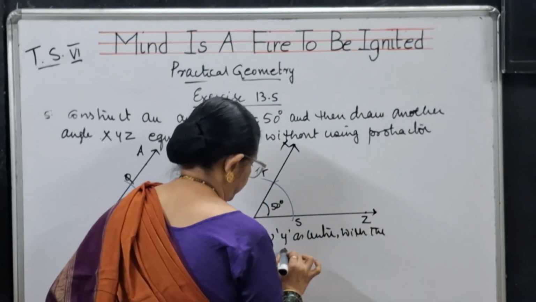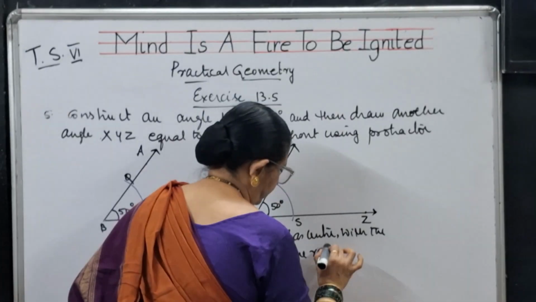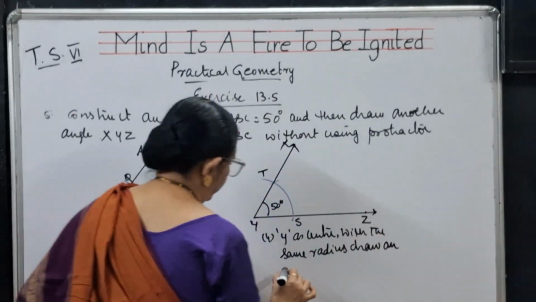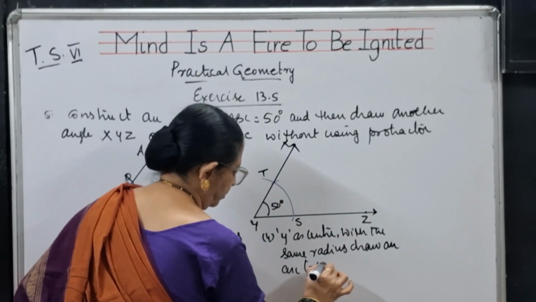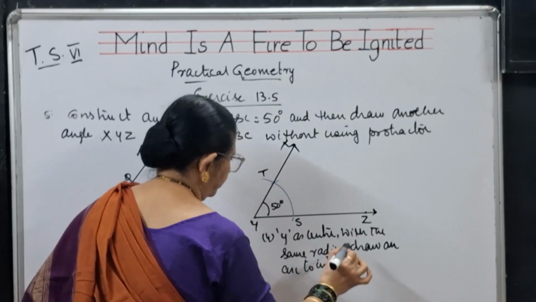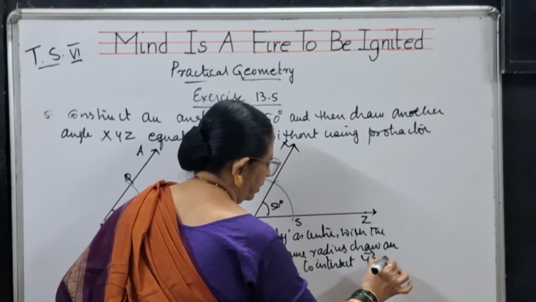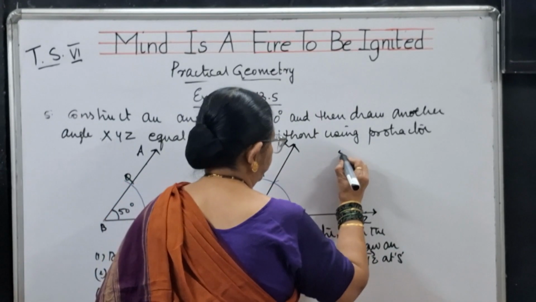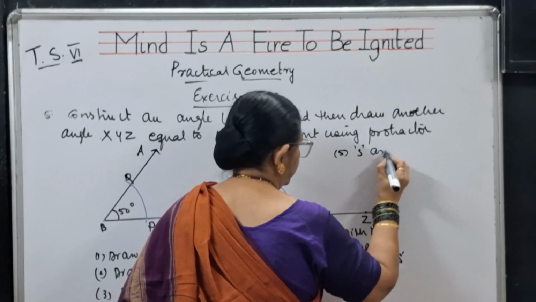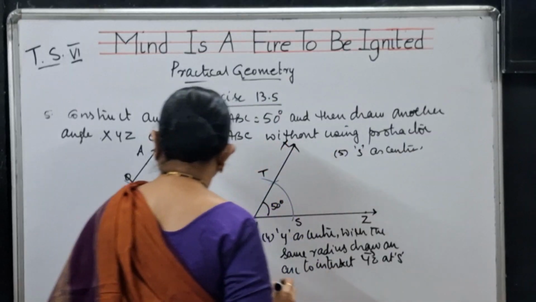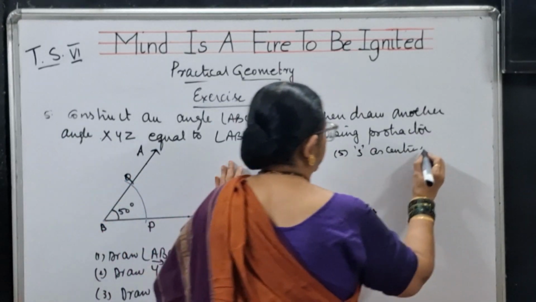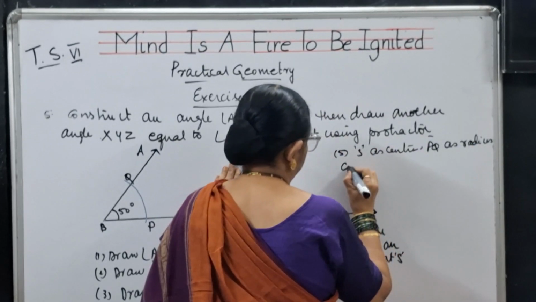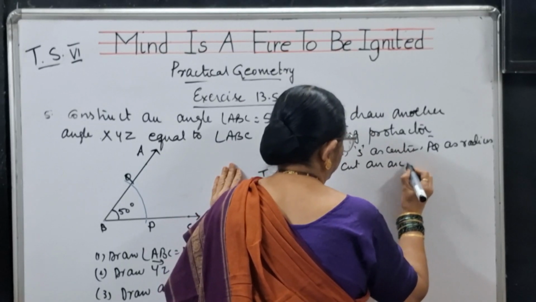with the same radius, draw an arc to intersect YZ ray at S. Next, after getting this, fifth one, S as a center and PQ as radius, cut an arc.